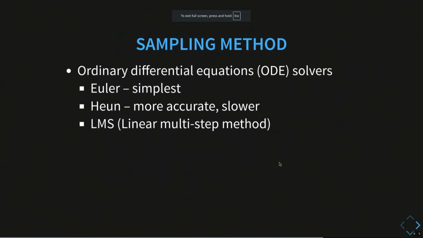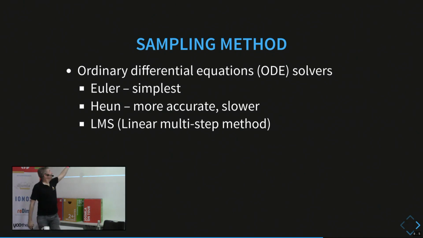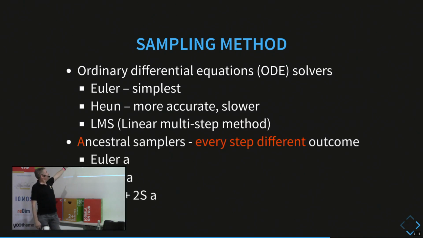This is very important: the sampling method. There are two major types. You have these types, and you have these types with an A in it. If you have an A at the end of the sampling method, it's random. Every step is random, so you cannot recreate the images with this.